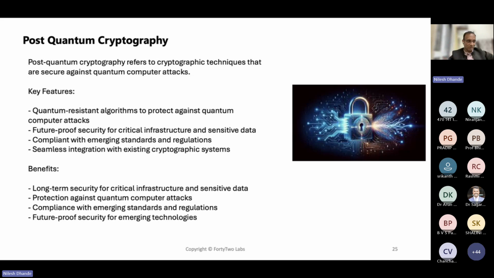We are working very closely with the government on top of it. Our National Quantum Mission is working on that, to come out with our own standards. So this is post-quantum cryptography. Do remember that. We spoke about cryptography, then what the vulnerabilities are, and now we are speaking about post-quantum cryptography. Okay, now let us move ahead.